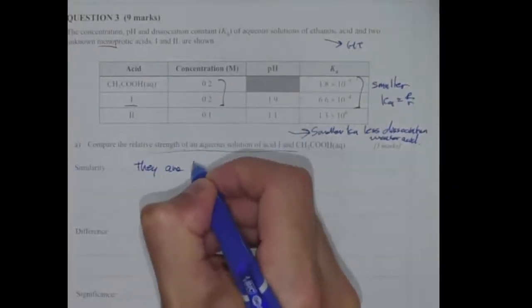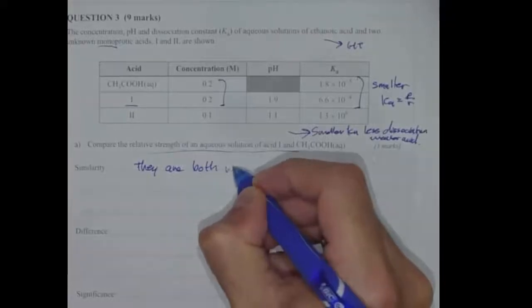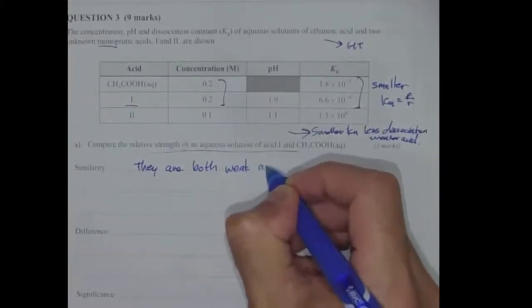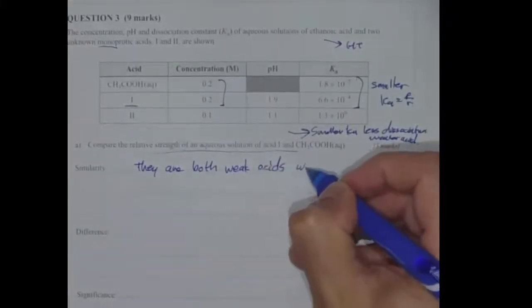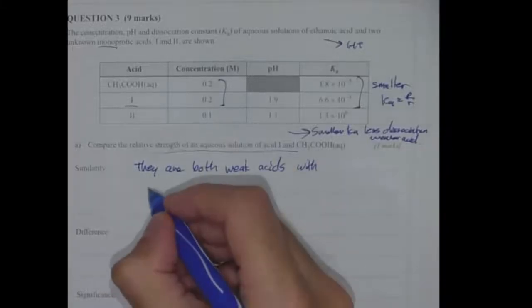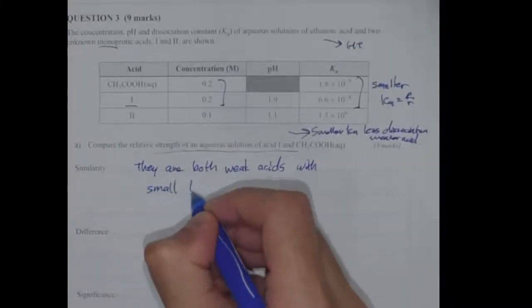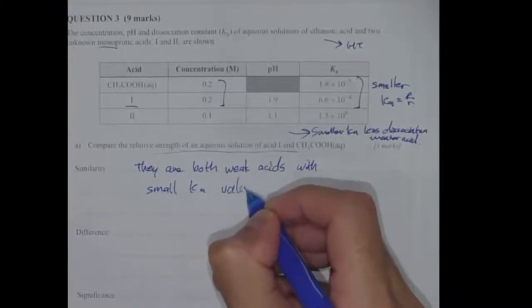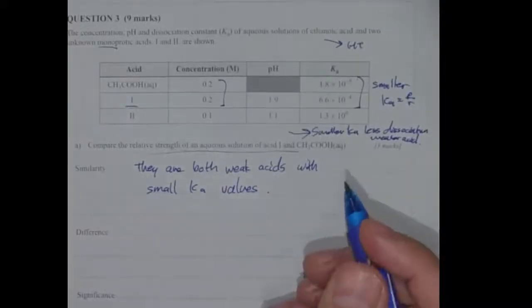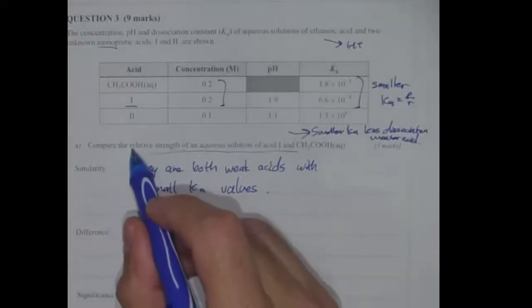They are both weak acids with small Ka values. That's the compare the strengths.